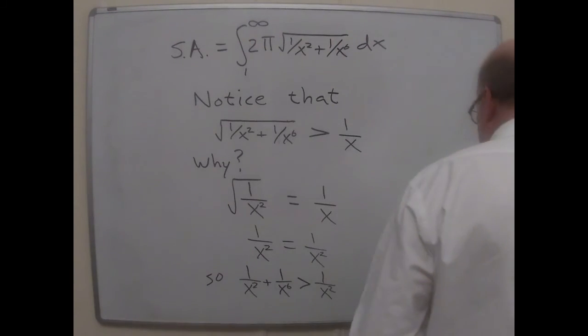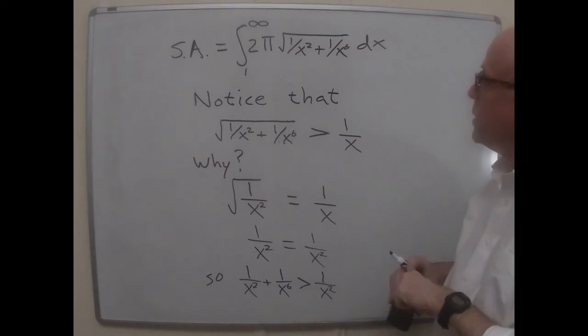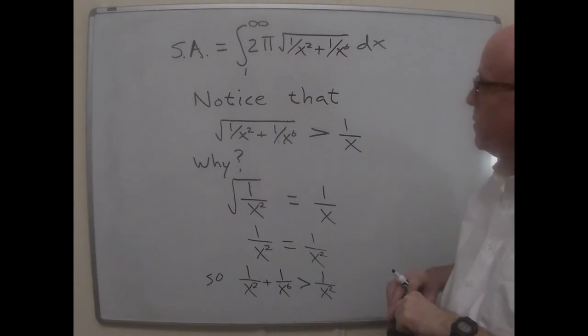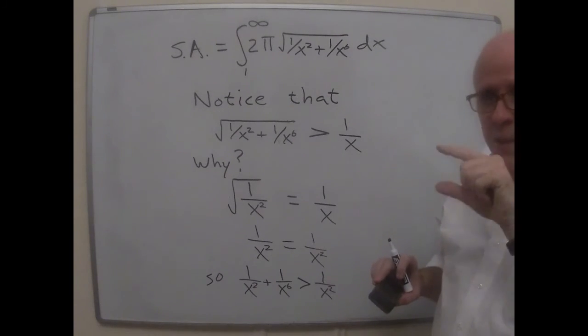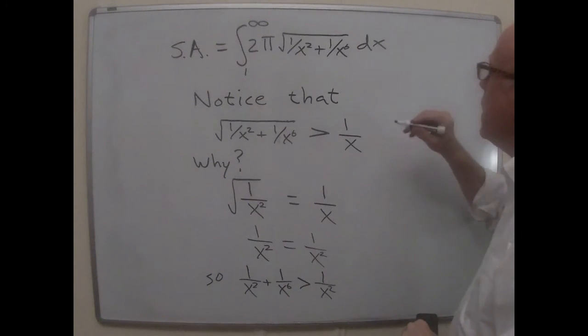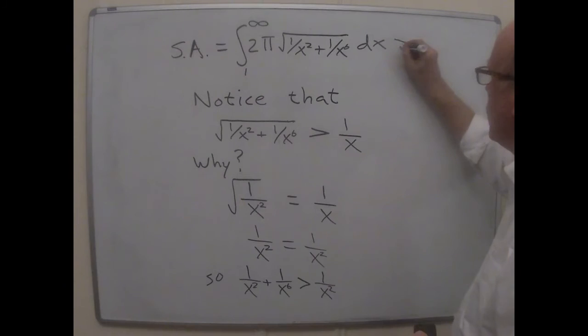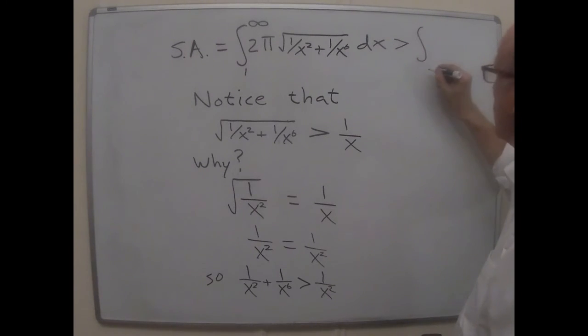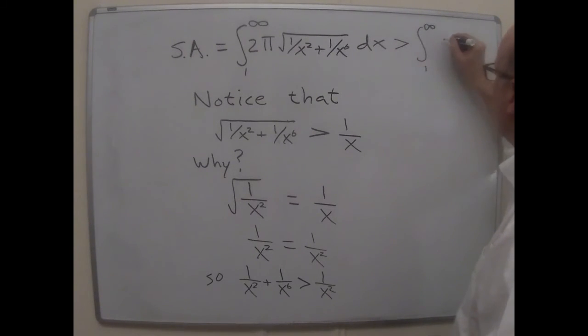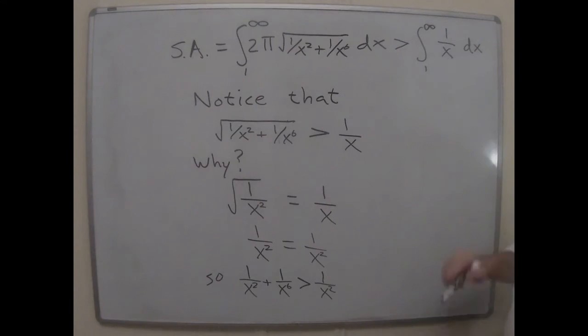There is a slight amount of me playing fast and loose with limit laws here, but what I'm saying is actually true, but it does need to be justified carefully by thinking about limits. All right, so that means this integral is actually larger than the integral from 1 to infinity of 1 over x. And we'll be done then if I can show you that this integral is infinite, right?